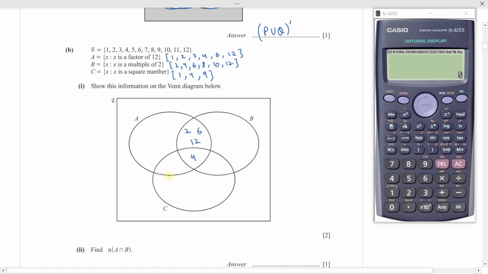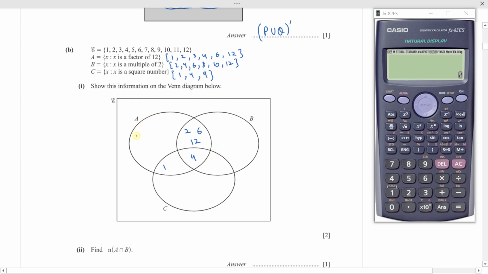And then let's look at A intersection C. So A and C, they have 1 common, 4 is already written here, and then 9 is not present in A. Then let's look at B intersection C. B intersection C, so 1 is present in this, 1 is not present in B, 4 is present here, we have already written 4, 9 is not present, so this is empty.